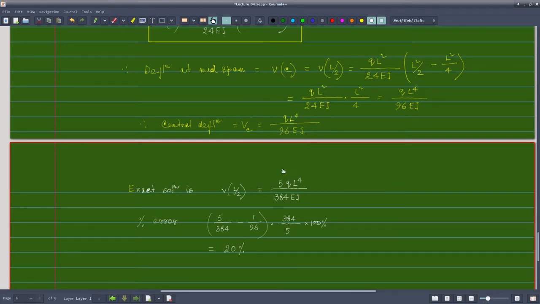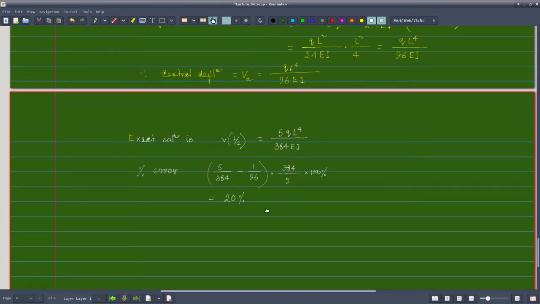So in place of 5 by 384, I have 1 upon 96 here. So the percentage error will be the exact value minus the approximate value divided by the exact value into 100%, and this will give me 20% error. So we have seen that if I take a quadratic displacement approximation, then I commit an error of about 20%.